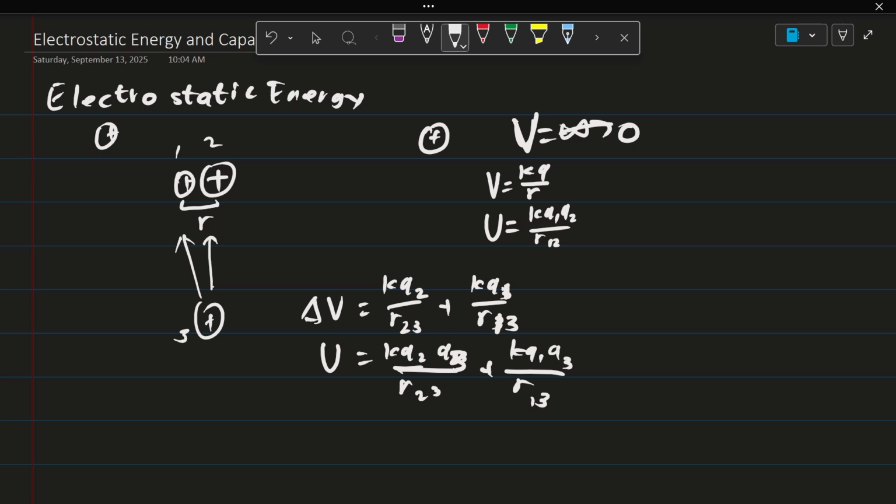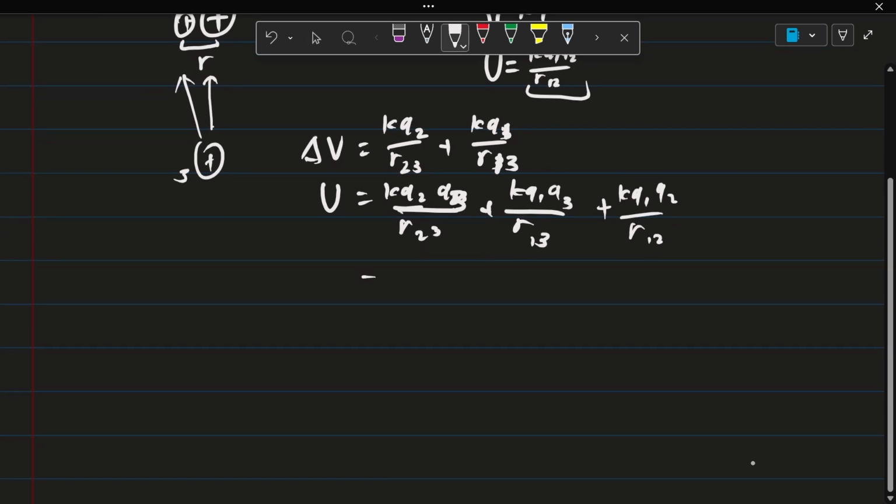It's pretty much that the change in the potential energy is U minus the KQ1 Q2 over R12, this one. So you could just rearrange it to get this KQ1 Q2 over R12. So this gives a very useful formula. You would get the sum where i is not equal to j, up to n, of k Qi Qj over rij.